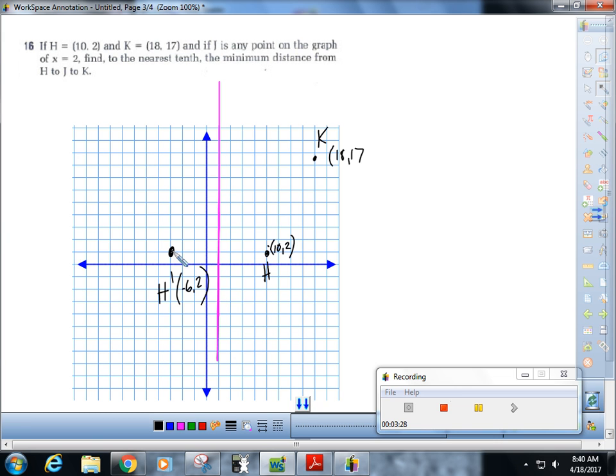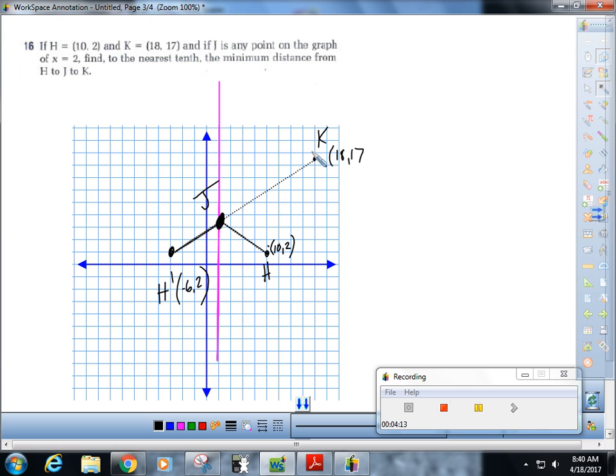However, the next thing I want you to notice is that that segment and that segment are the exact same lengths. Do you follow that? So, now we know that wherever this point is, that's where point J needs to be to minimize the distance from H to J to K. Do you guys agree with that?